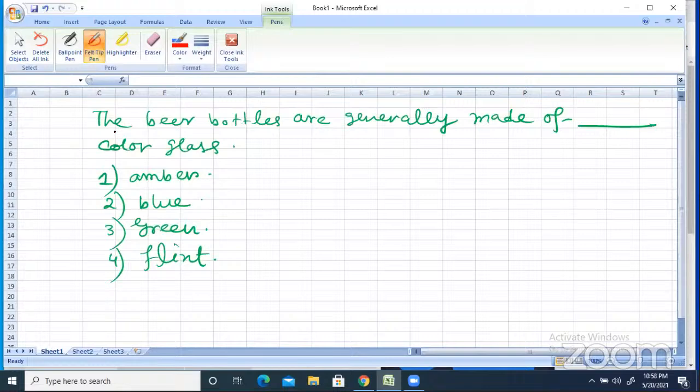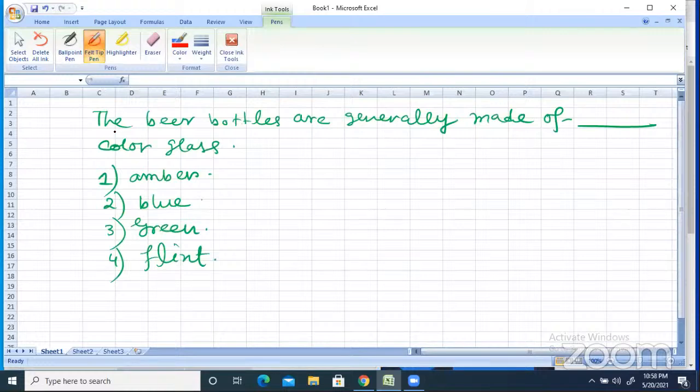Which one is the correct option? Green? No. Generally, have you seen the bottles used for pharmaceutical usage, drugs or any kind of medicines? Black bottle. Amber color. Why amber?